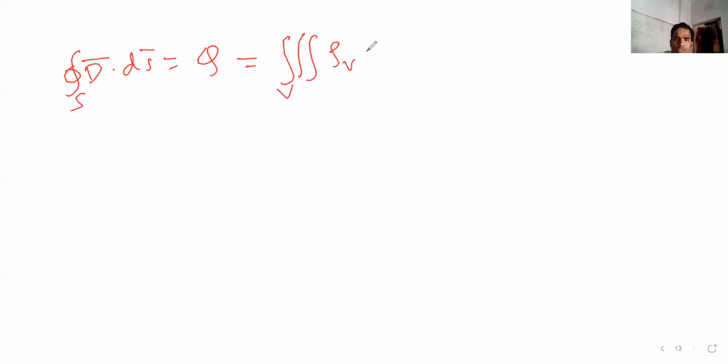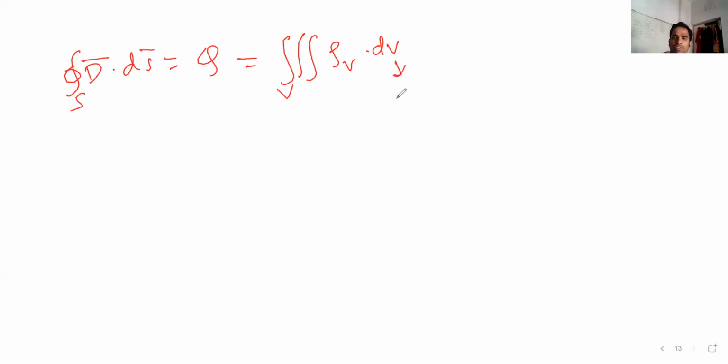What have we seen? From Gauss law, d bar dot ds bar is Q along a closed surface integral. Similarly, this is also equal to the volume integral of rho v dv. Volume integral means we can put three integrals, because it is a volume, so we integrate along three directions. In Cartesian, it is x, y, z; in cylindrical, it is r, phi, z.